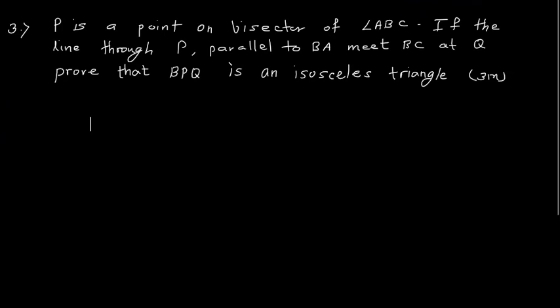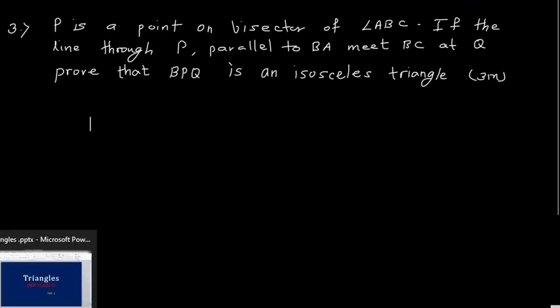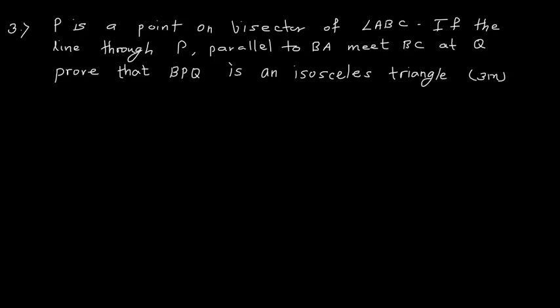Now third question, P is a point on the bisector of angle ABC. If a line through P parallel to BA meets BC at Q, prove that BPQ is an isosceles triangle. So first I will draw angle ABC.